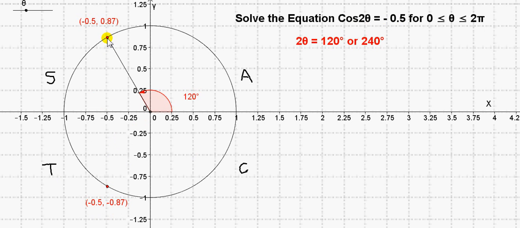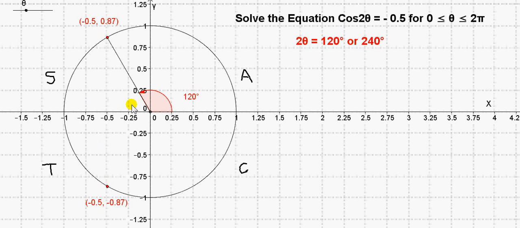So if we reflect this point through the x-axis, we will get the required point whose x value is also minus 0.5. So we need an angle measured anti-clockwise from the positive x-axis to a line joining this point to the origin. So we need to consider the image of this angle in here.